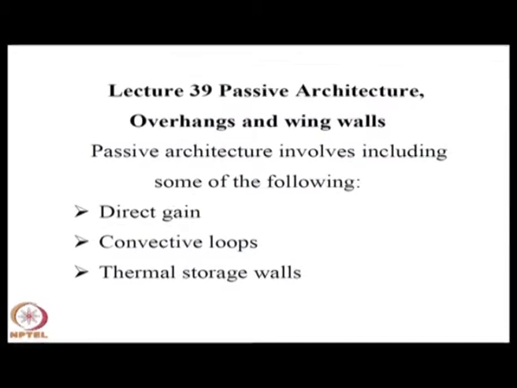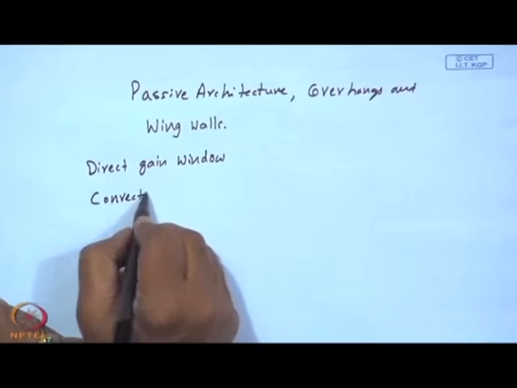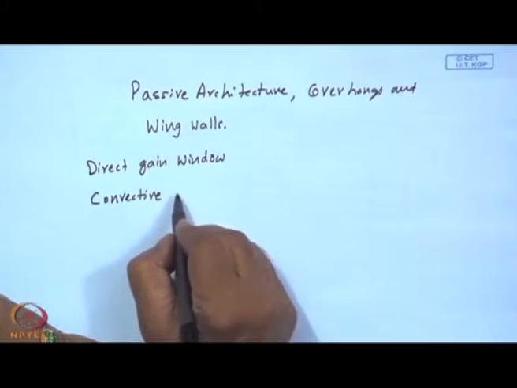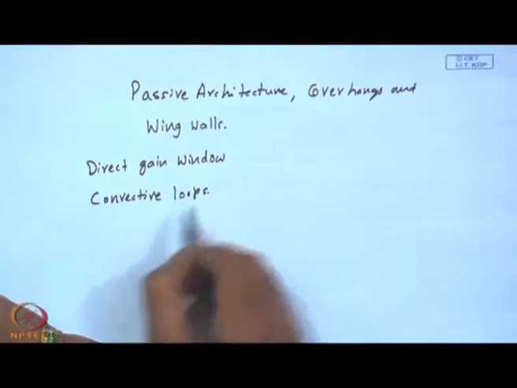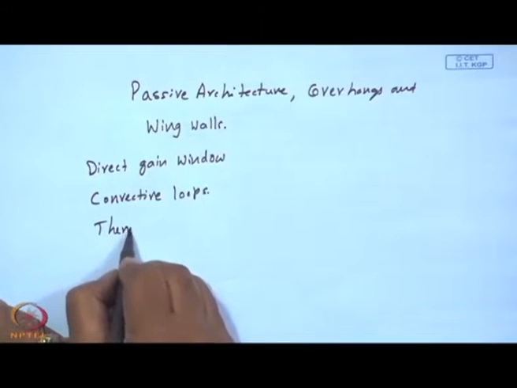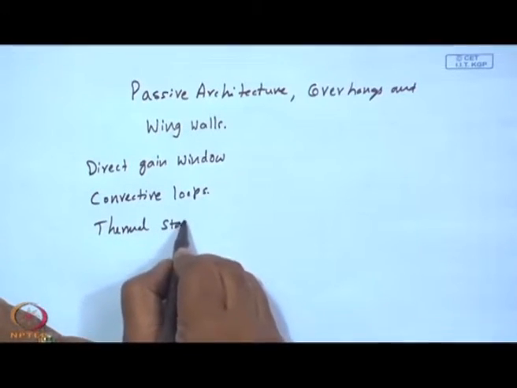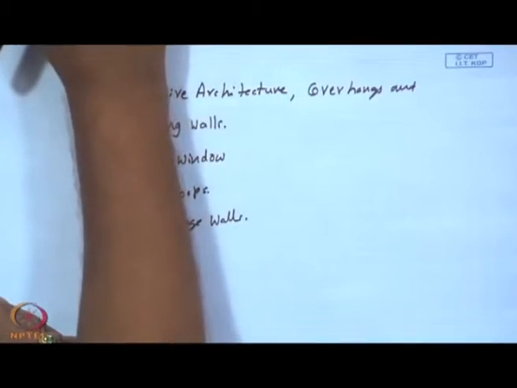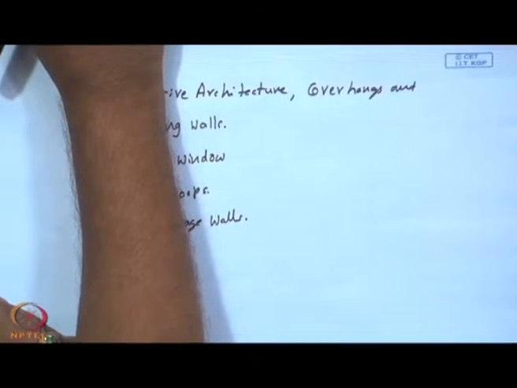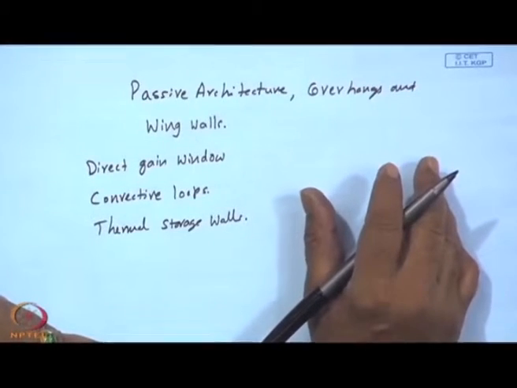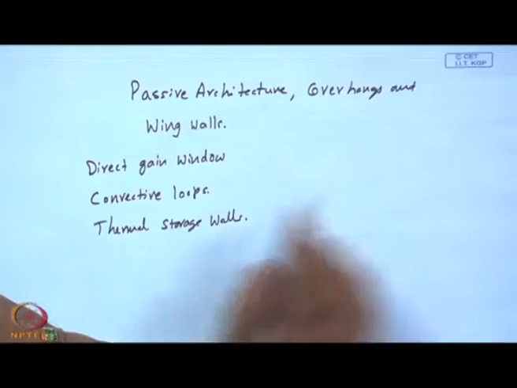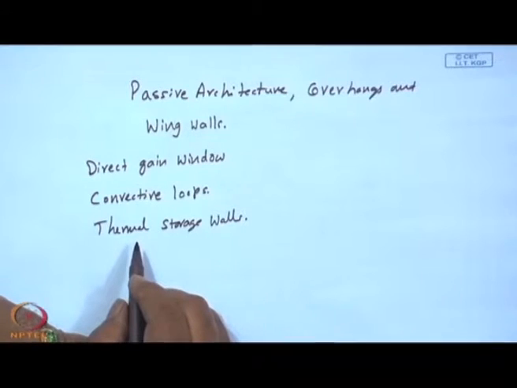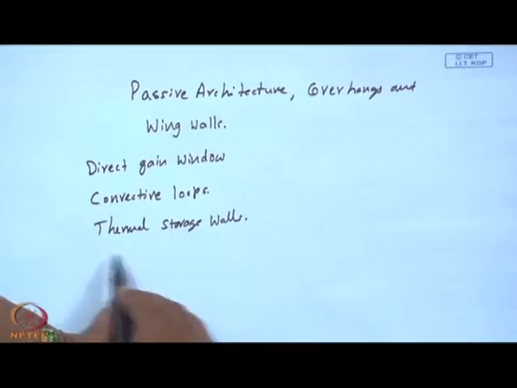And then you may set up convective loops to keep the room or the enclosure warmer, and thermal storage walls, which will accumulate the energy during the daytime and release or emit or convect in the evening time, so that there is a comfort condition of higher temperature, particularly useful in colder climates.